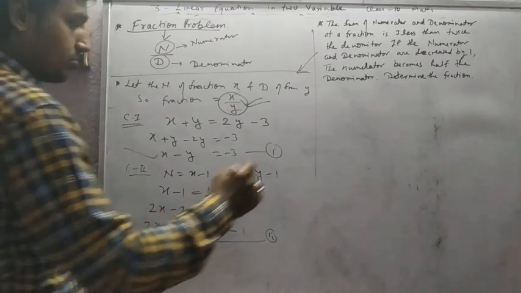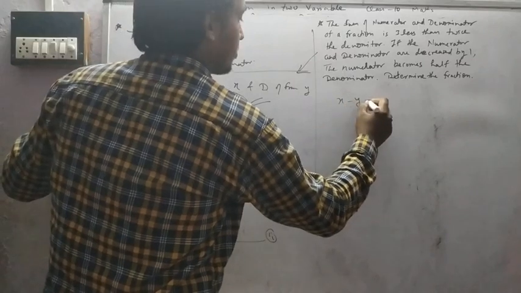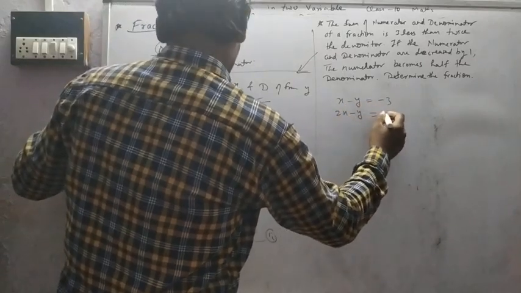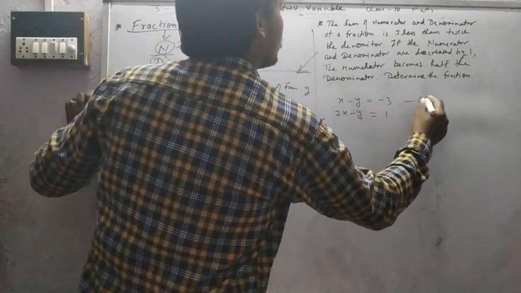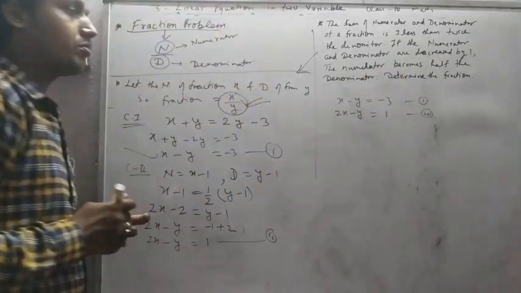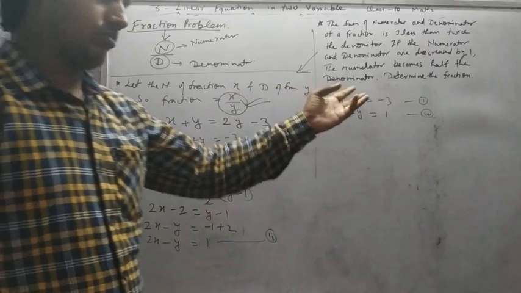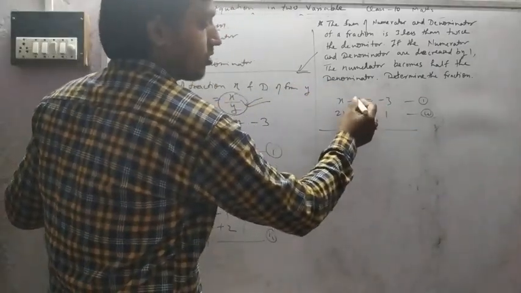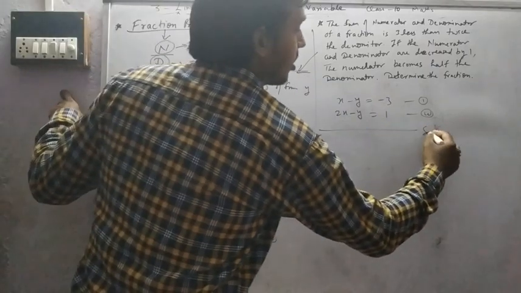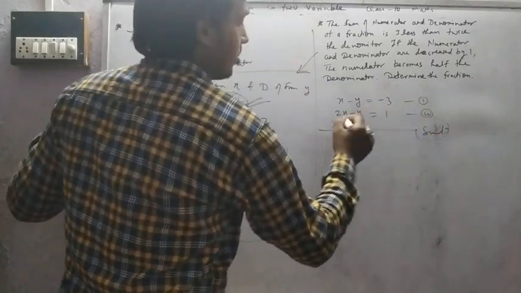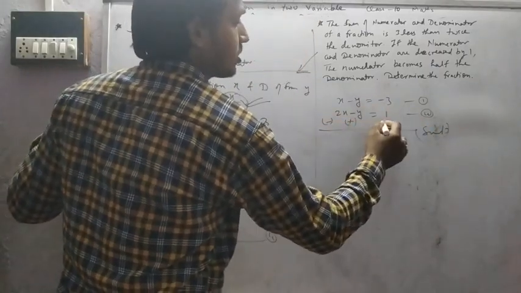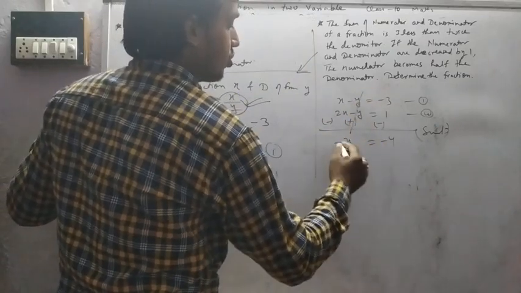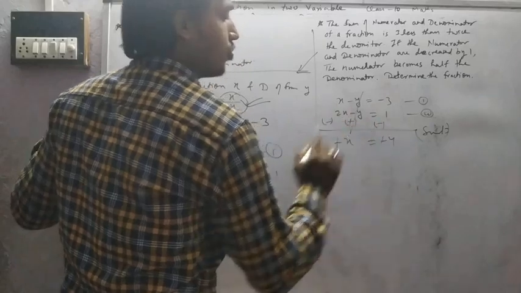First and second equation you get. Solve this. x minus y is equal to minus 3. 2x minus y is equal to 1. You know, for these types of word problems, the equation is so easy. Directly, same sign, same coefficient, subtract, sign change, minus, plus, minus cancel out, minus x equals minus 4, so x is equal to 4.